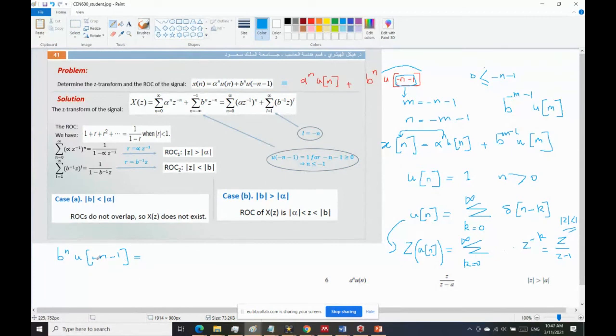If you think about it, when n is 0, here it would be u of minus 1, which is 0. When n is 1, it's minus 1 minus 2, which is 0. When n is 2, it's also 0. So for 1, 2, up to infinity, it's always 0 here. There's nothing. It's all 0. But at minus 1, if it's n minus 1, what happens? It becomes minus minus 1, which is plus 1, minus 1, which is 0. So now, at minus 1 we have a 1.